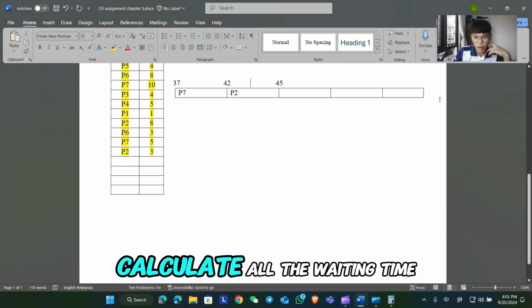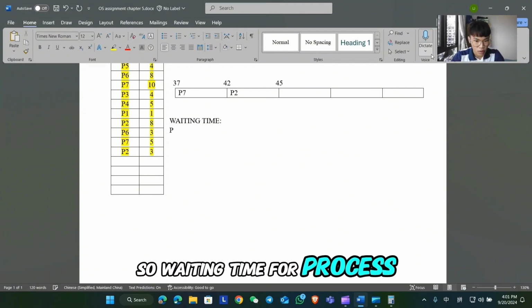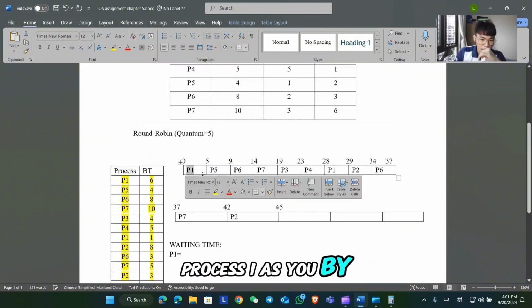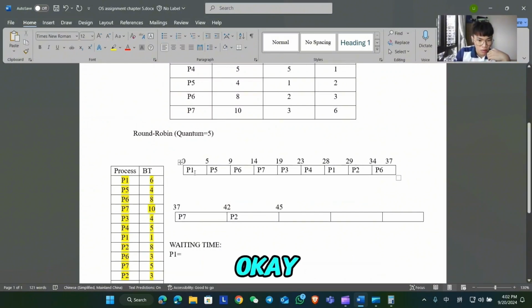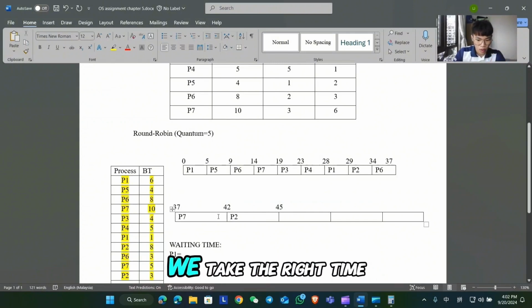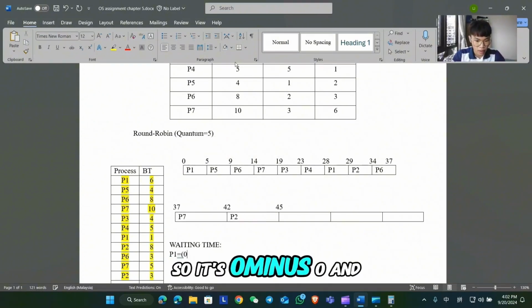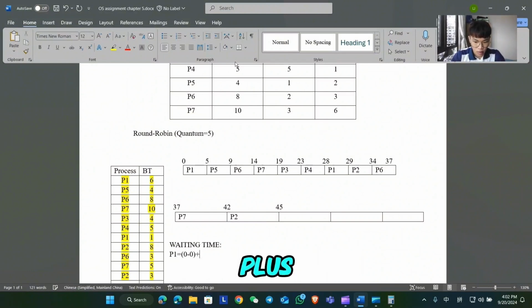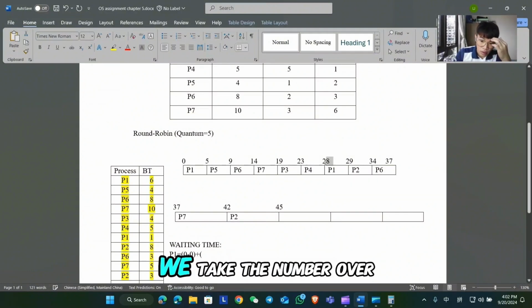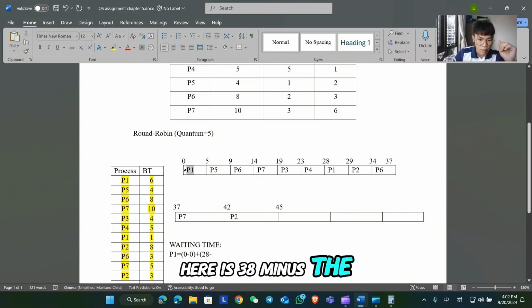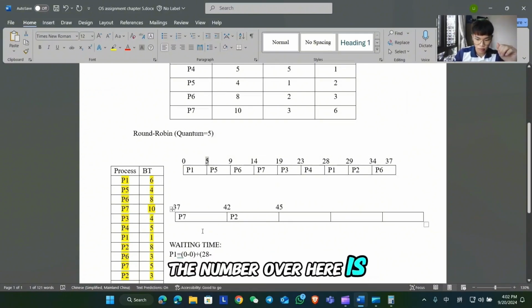Now we have to calculate the waiting time. For the waiting time of process 1, we have to look here. Process 1 is executed by the CPU 2 times. The first time is over here and the second time is over here. So we take the start time minus the arrival time: 0 minus 0, plus the number over here, 28 minus the arrival time of process 1 over here, which is 5.